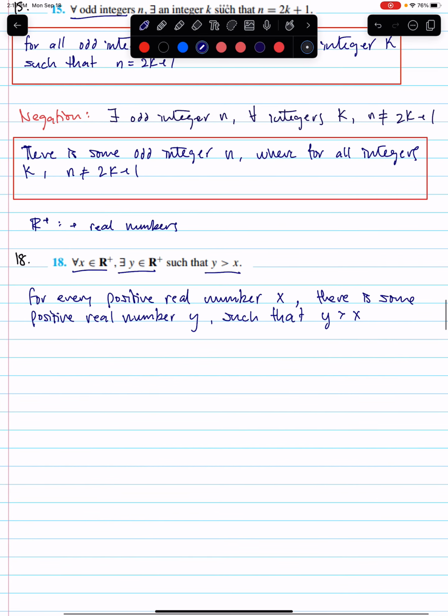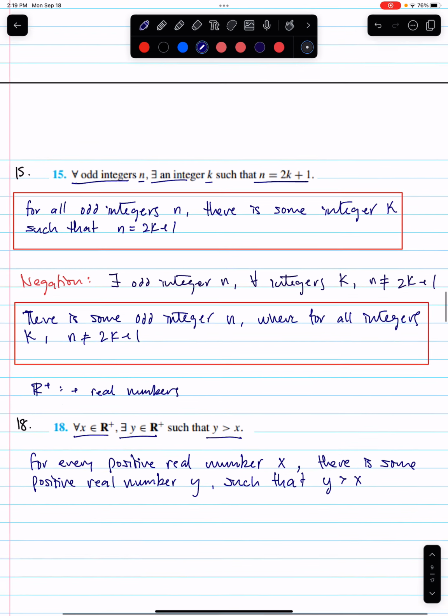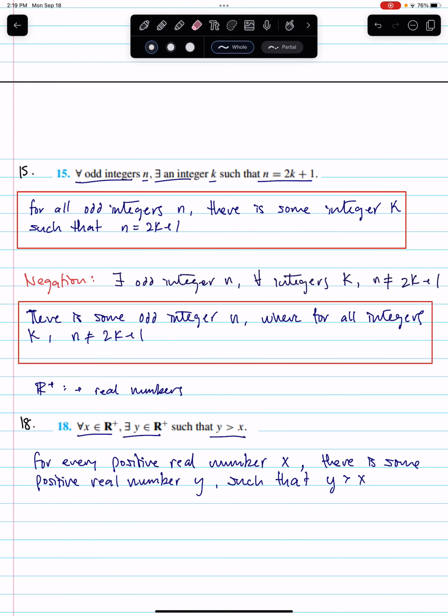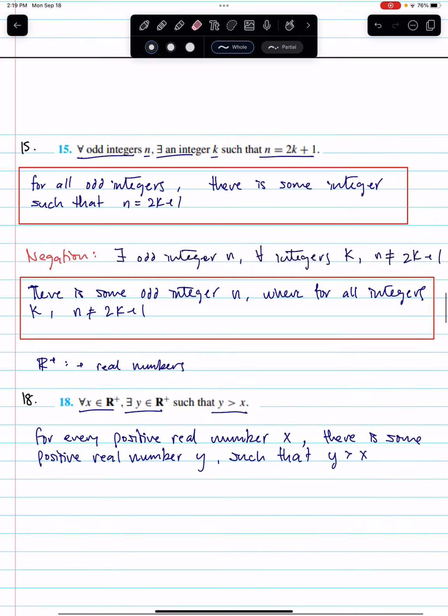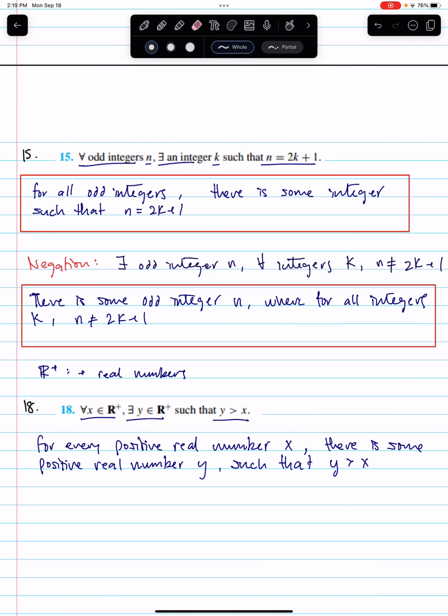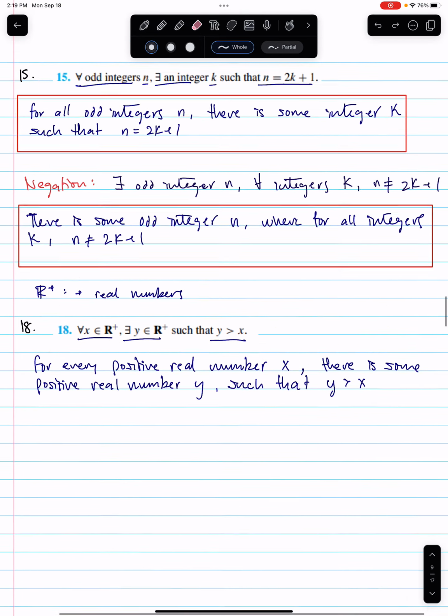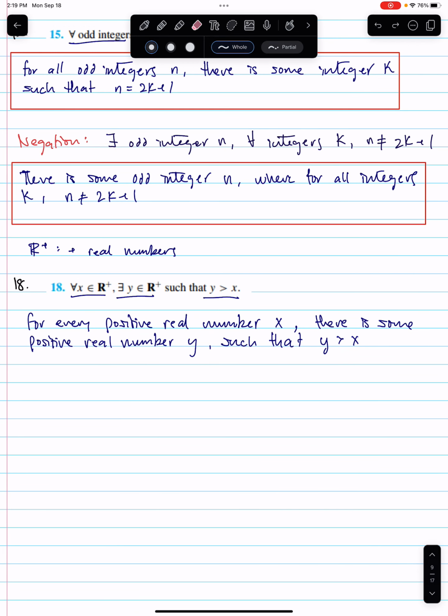Wait, they said don't use variables, right? So, okay, from here you could just erase that. No, wait, I'm tripping. Never mind. We can use symbols. So for every positive real number x, there's some positive real number y such that y is greater than x. Right?